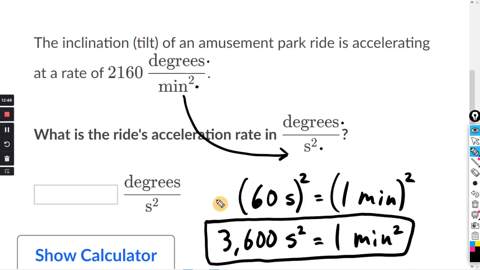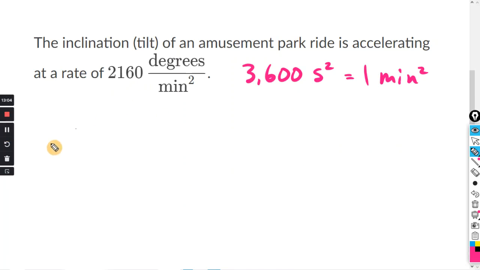All right. You can square it when it's already in the fraction form. You don't have to do this first, but for some people it may help. Okay, so this is what we're using. 3,600 seconds squared equals 1 minute squared. All right, we're going to start with 2,160, and that is in degrees per minute squared.